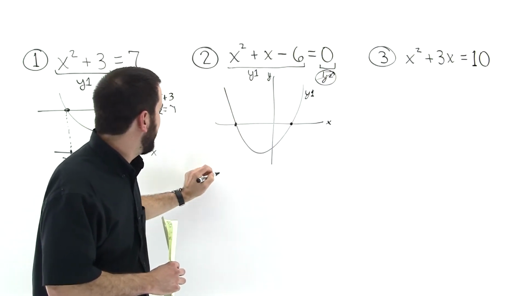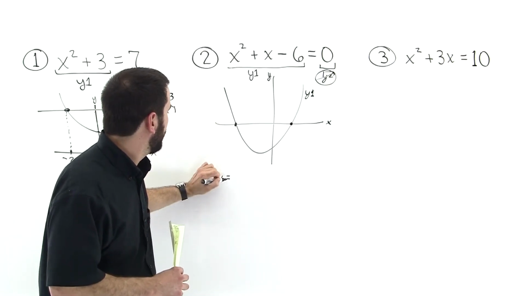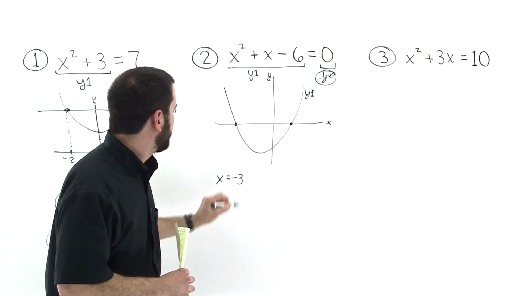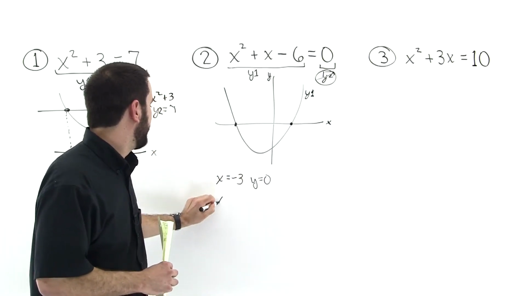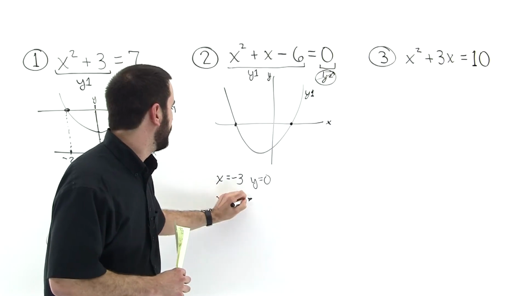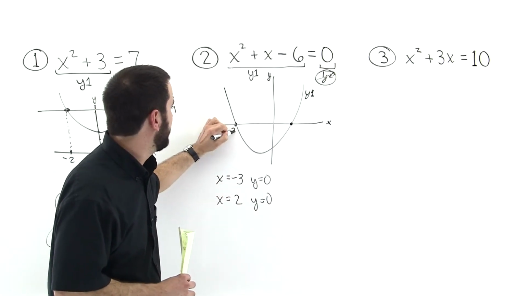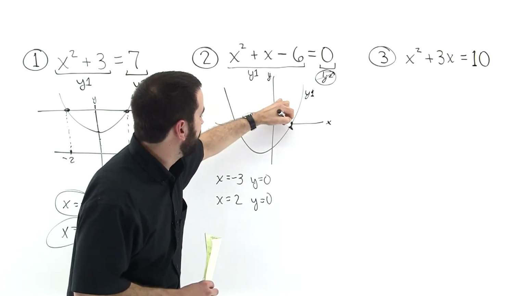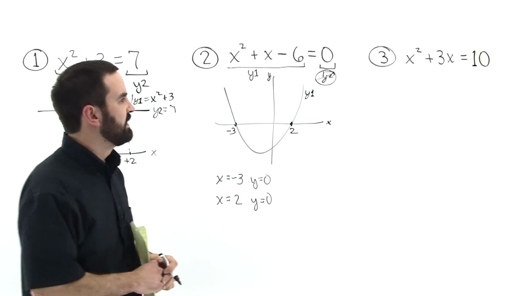And you will find that this value right here will be equal to minus 3. So this will be minus 3, y equals 0. And then over here, on the other side, you'll have x equals 2 and y equals 0. Right, so this point right here will be at minus 3, and this point will be at x equals 2. Okay, last one.